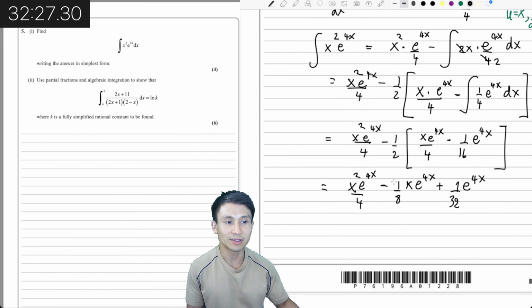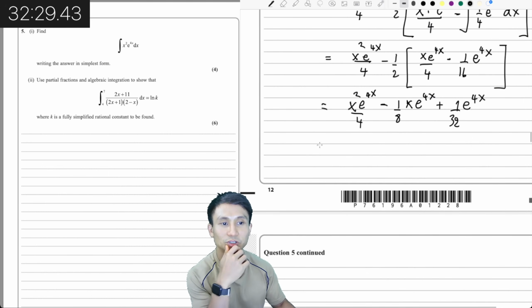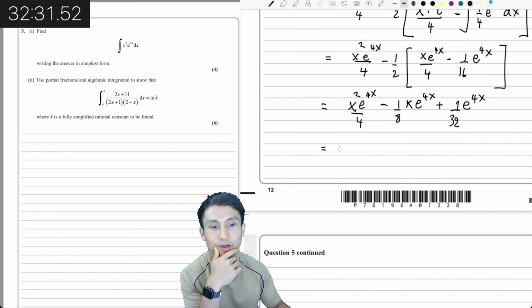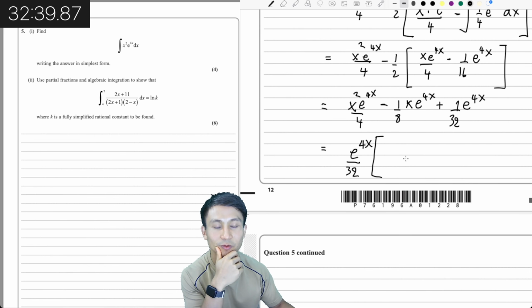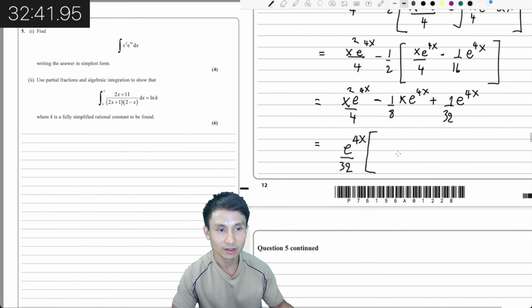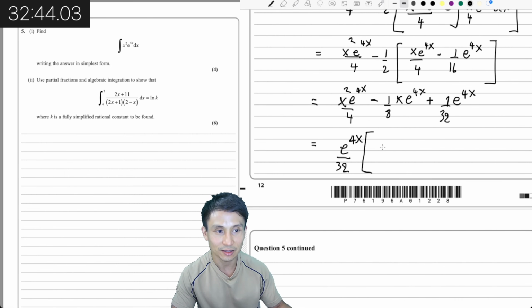It says in the simplest form, so I'm just going to factor out e to the 4x. How about that? And maybe I'll take 32 outside as well, because then all the things inside will not be a fraction. So the first one, I get 8x squared, because if you multiply that in, you get 1 over 4.